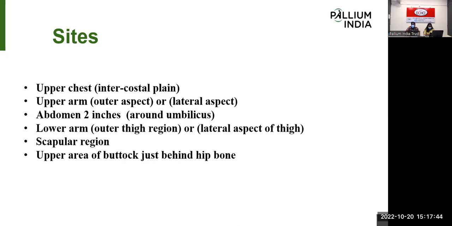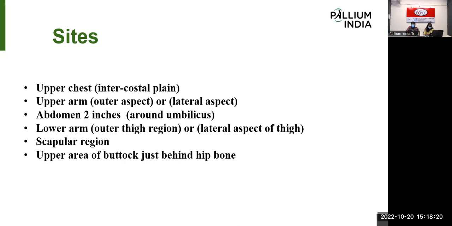About 7 centimeter or 4.5 inches below the level of the shoulder and above the level of the elbow. We can give the injection on the lateral aspect of the upper arm.